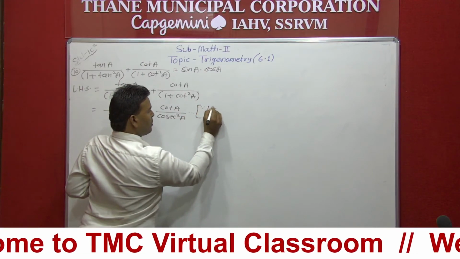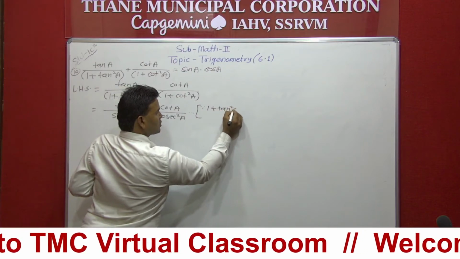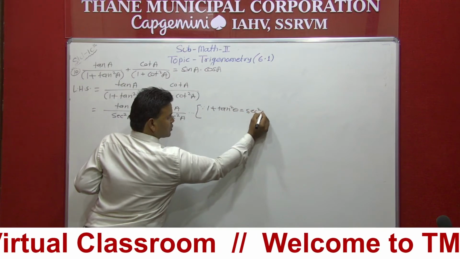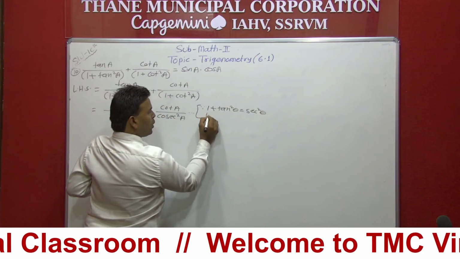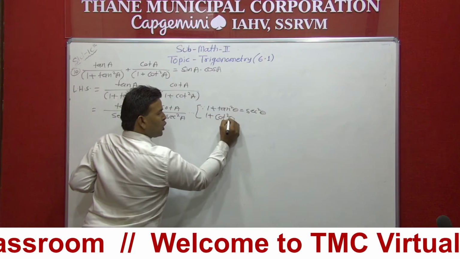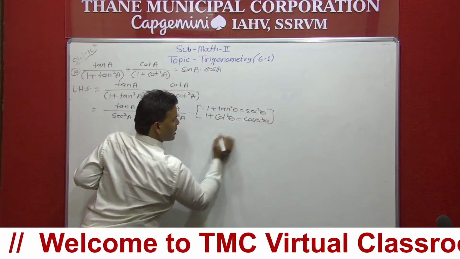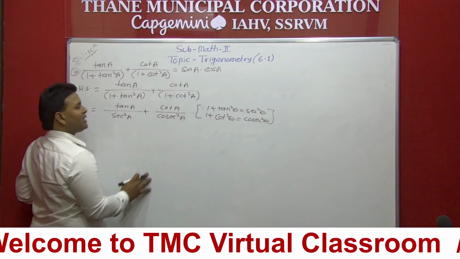Since 1 plus tan square theta is equal to sec square theta, and 1 plus cot square theta is equal to cosec square theta.